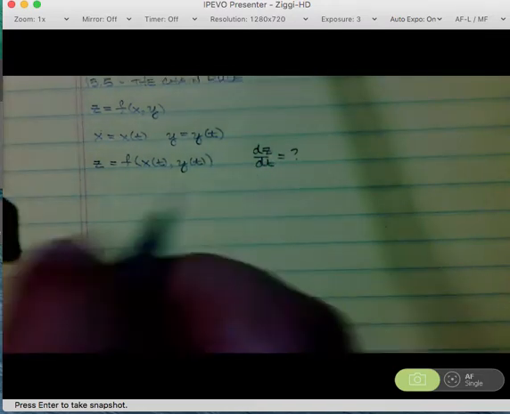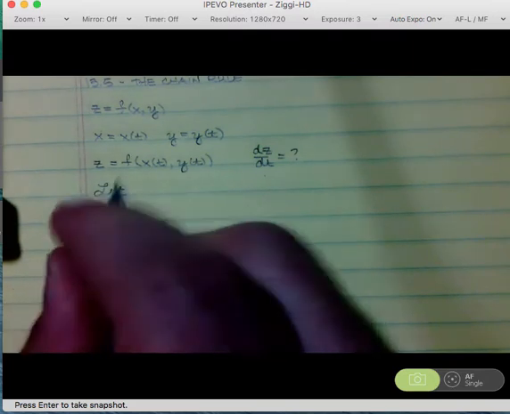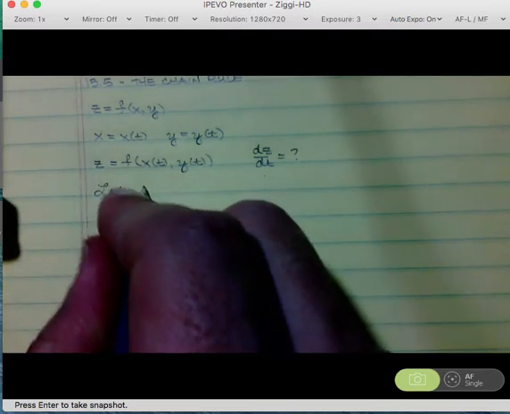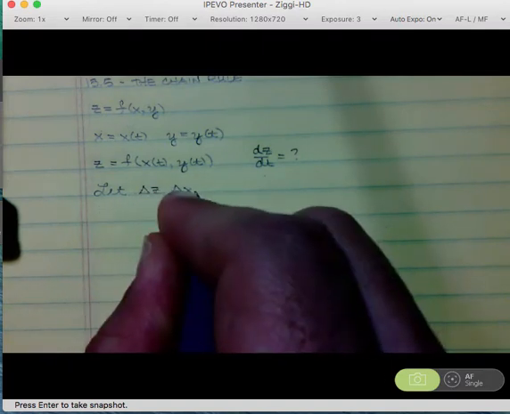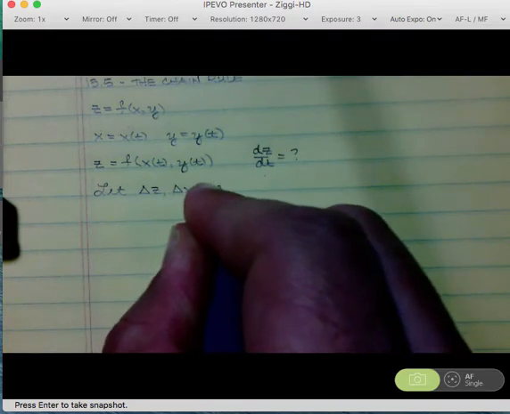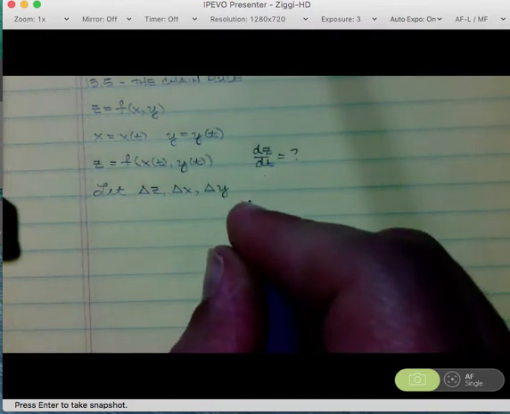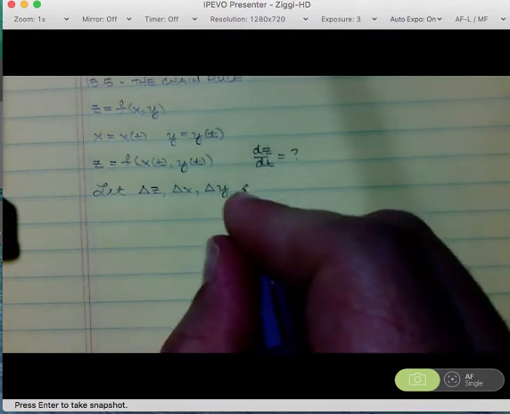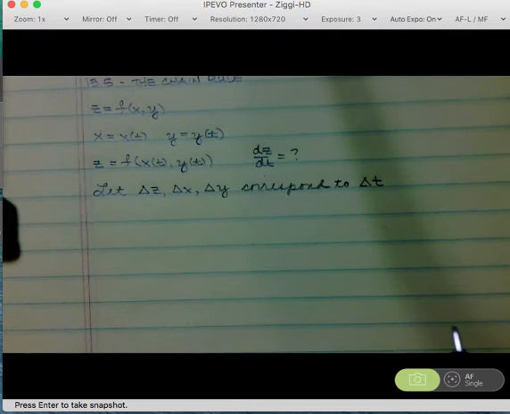So to come up with the derivative of z with respect to t, let's let delta z, delta x, and delta y denote the changes that correspond to delta t, which represents a change in t.